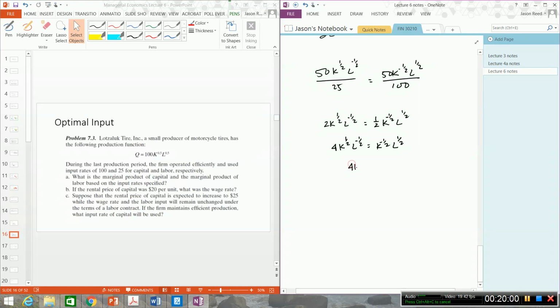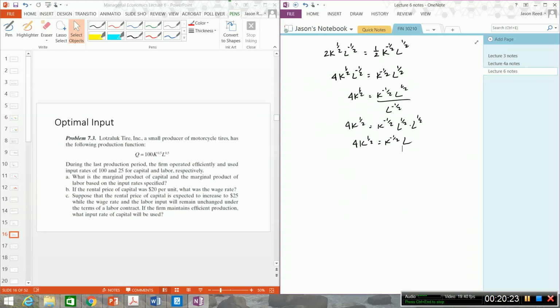So I get 4 K to the 1/2 is equal to K to the minus 1/2 L to the 1/2 divided by L to the minus 1/2. We simplify this again, so we get K to the minus 1/2 L to the 1/2 times L to the 1/2. So we get 4 K to the 1/2 is equal to K to the minus 1/2 times L. We do the same thing with K to the minus 1/2, so I get 4K is equal to L.